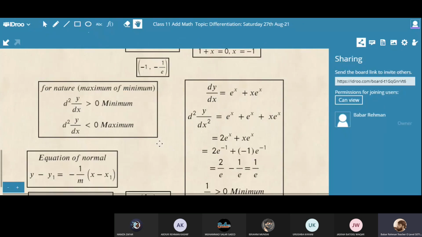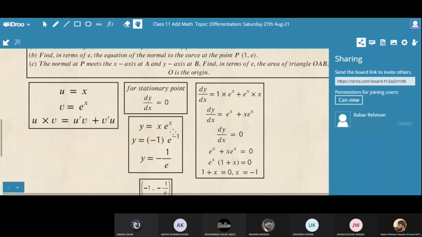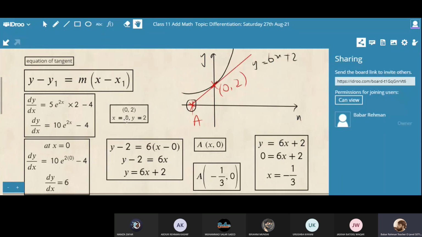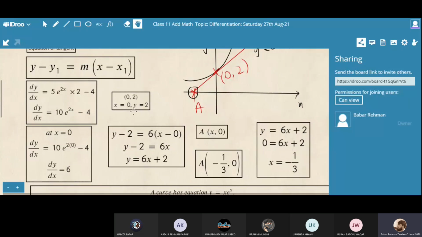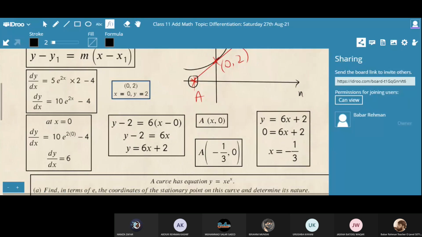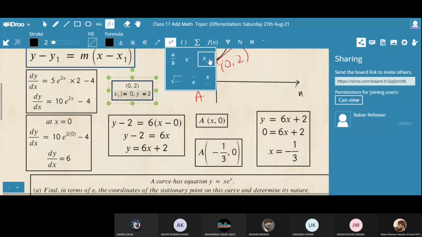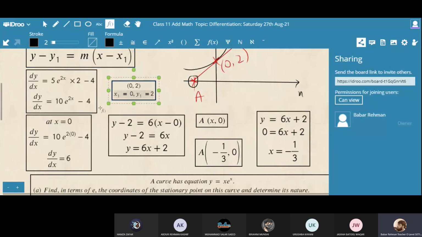I think I did not write y1 at the top. Let me check. So we should write x1 and y1. Okay, this is the concept that we are doing.